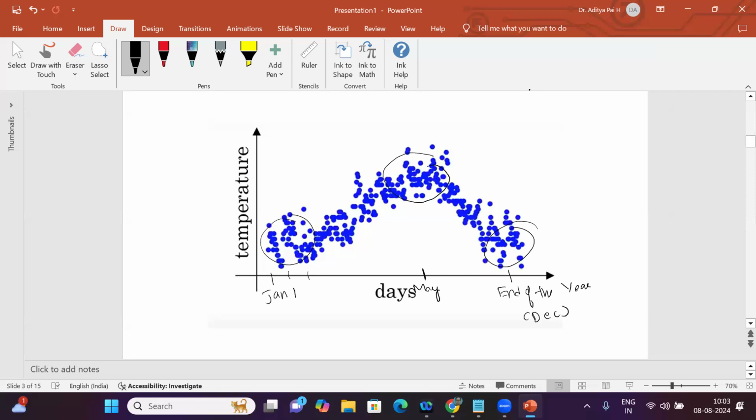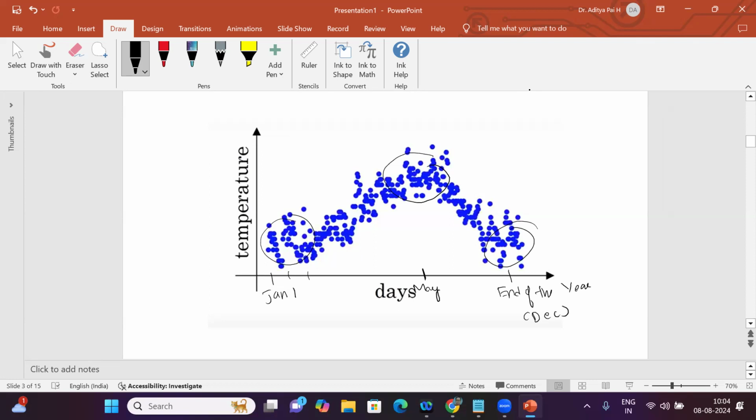So you can plot the data for the entire year and see what the temperature is on different dates. Now the trend looks like a kind of local average, or a moving average of the temperature.